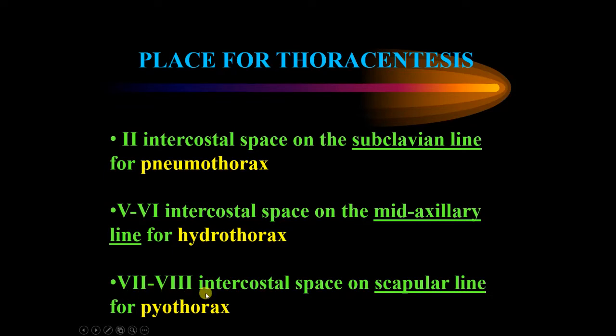It's the seventh or eighth intercostal space on the subclavicular line, because we have to completely remove all pus contents from the thoracic cavity. It is better to mark this place under X-ray or ultrasound control and perform the puncture with aspiration of the pus and washing with antiseptic solutions, and evacuate all fluid completely from the thoracic cavity after all manipulations.